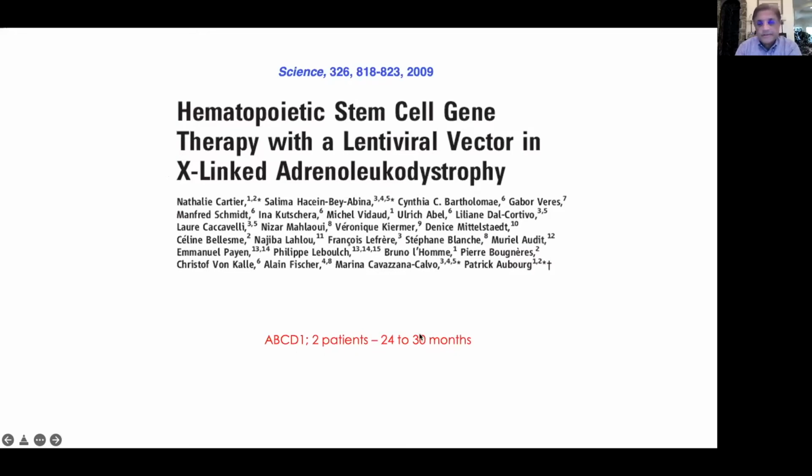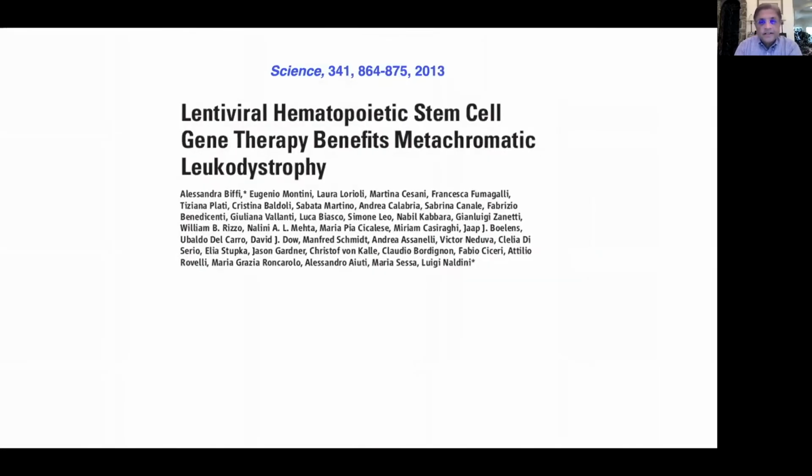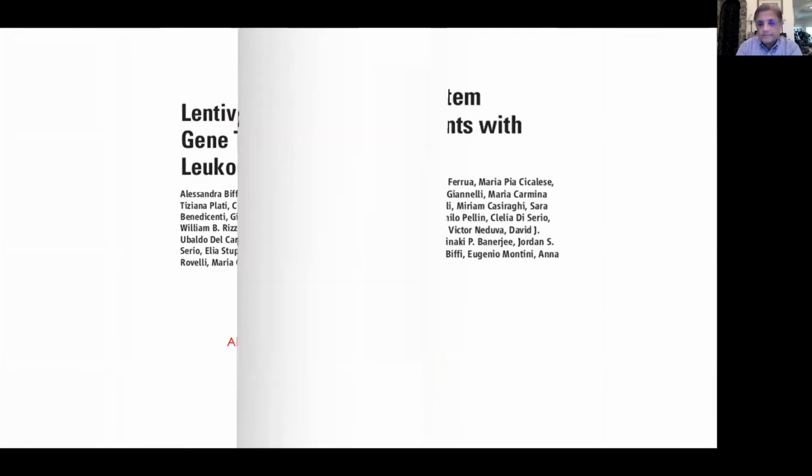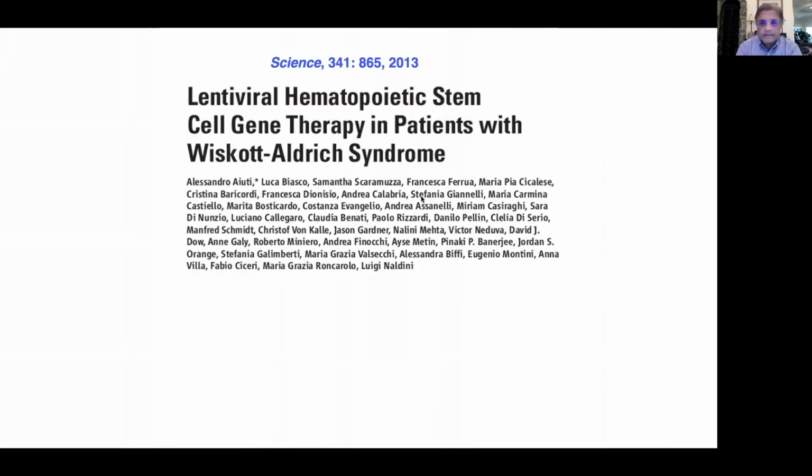So this was promising. Then they tried a different disease called metachromatic leukodystrophy. This trial was done by Luigi Naldini and his colleagues in Italy. Again, they treated 3 patients and showed up to 21 months of clinical efficacy in this disease. So it looked like this was a better alternative to retroviral vectors.